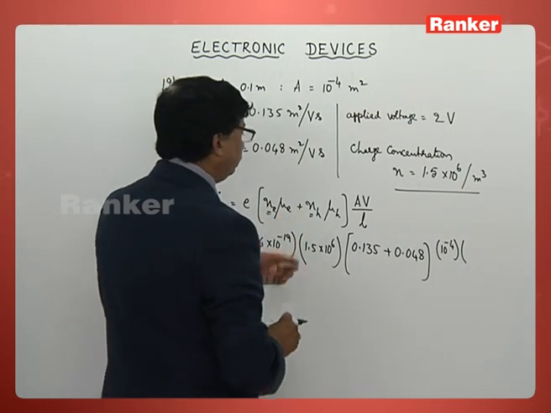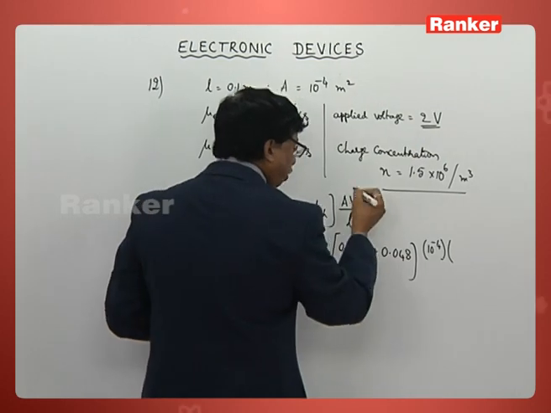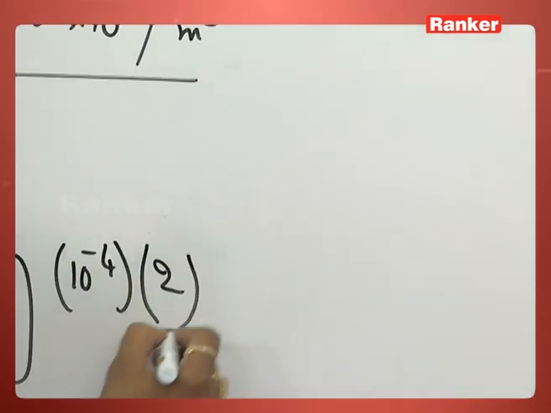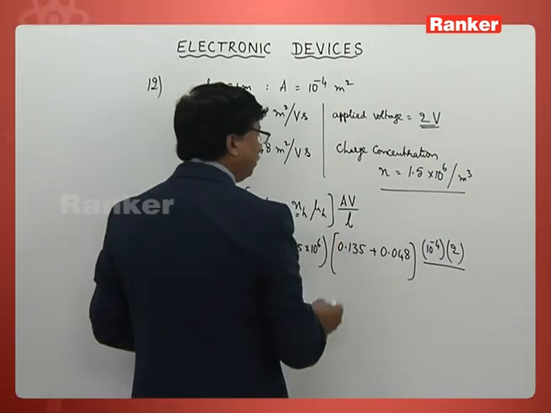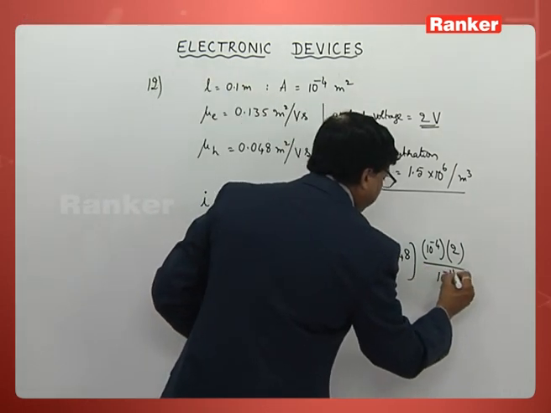And in addition to that, V is going to be the voltage that has been applied. How much is the voltage that is applied over there? It's 2 volt, by the length that has been given here, 10 power minus 1 you take.